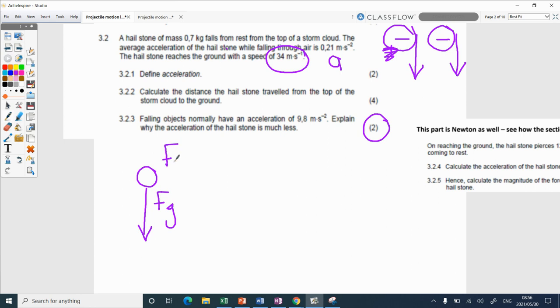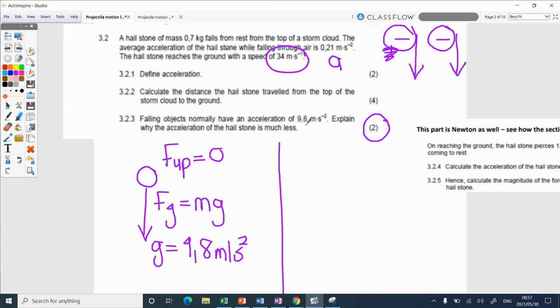So you can even say F up is 0. Then the acceleration, remember Fg equals ma, which is then mg, and then g is going to be 9.8 meters per second squared. So this is for the 9.8. But what about this hailstone?